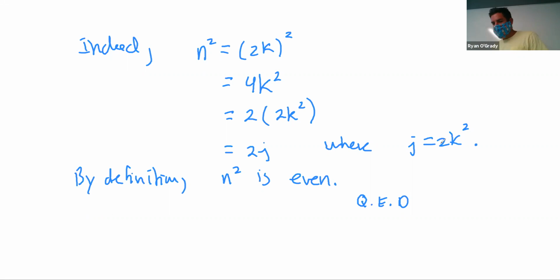But nowadays, you'll either see QED or sometimes we'll just put a block like this, and that lets the reader know that the proof is over. Does that make sense? We'll see more of that as time goes on.